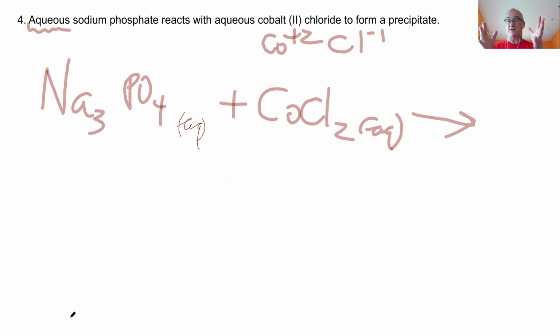That was the first reaction, taking solid sodium phosphate and solid cobalt chloride and dissolving it in water. That's actually a chemical reaction because you're breaking the ionic bonds, and you're forming other bonds. You're forming the water interactions with the ions. That's the definition of a chemical reaction.